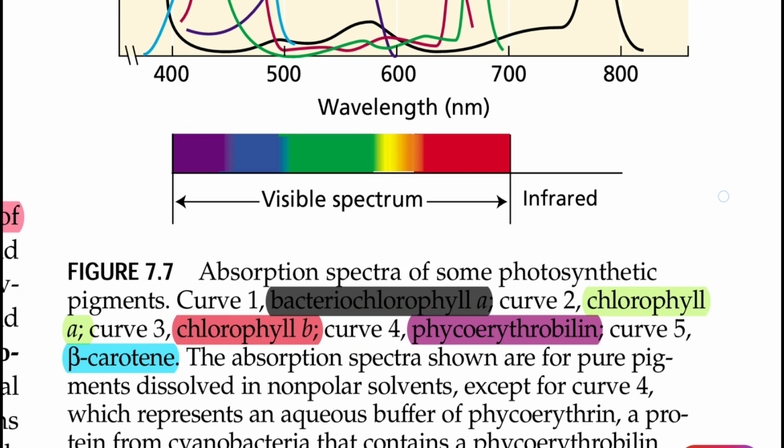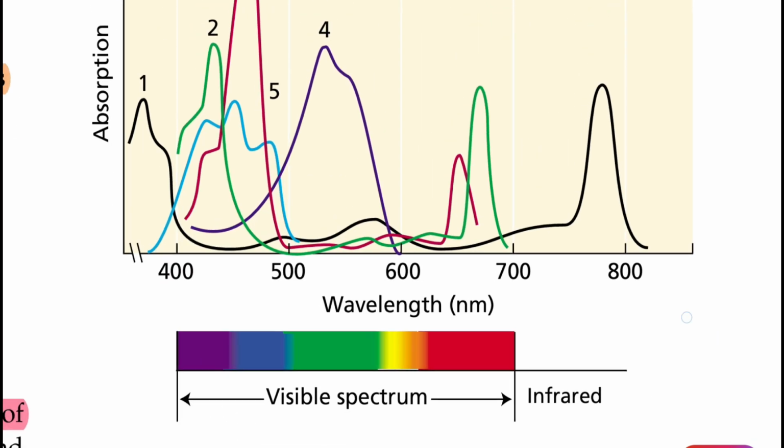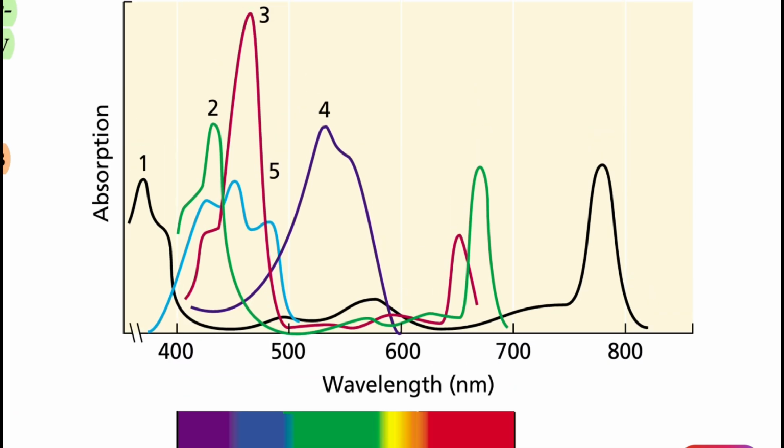So, we understand this graph, how chlorophyll A and chlorophyll B become active in which type of wavelength range. So students, we understand here that the action spectrum, or we can say absorption spectrum, of both chlorophylls is different, and even carotenoid is also different.